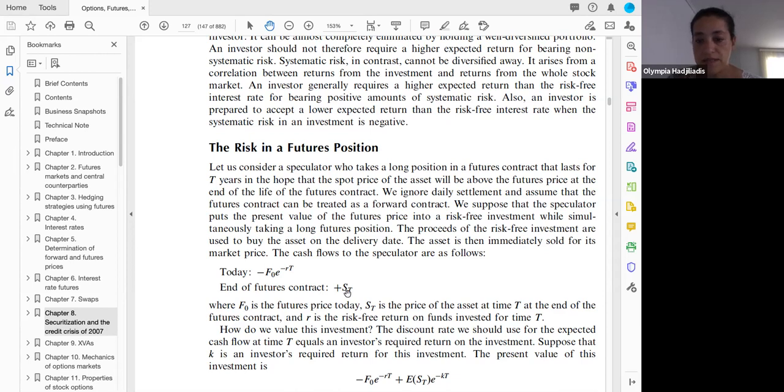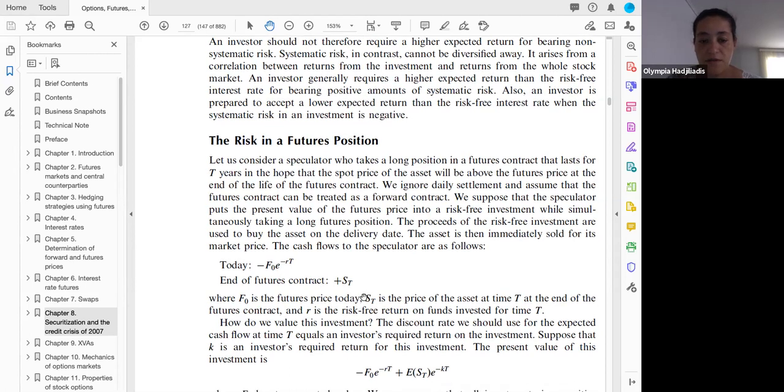Because the asset is at that time immediately sold for its market price. So F0 is the futures price today. ST is the price of the asset at time T at the end of the futures contract. And R is the risk-free return on funds invested for time T.